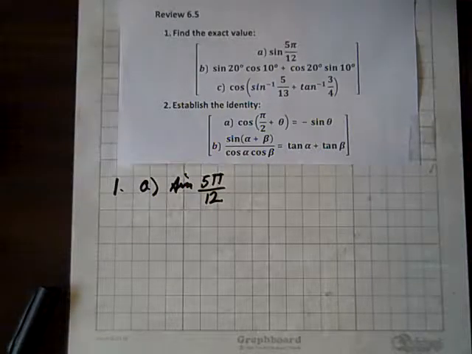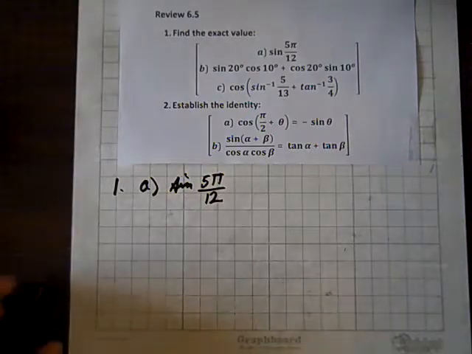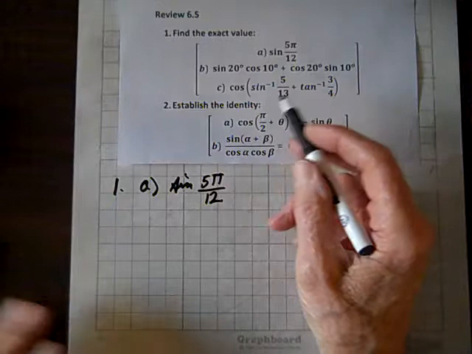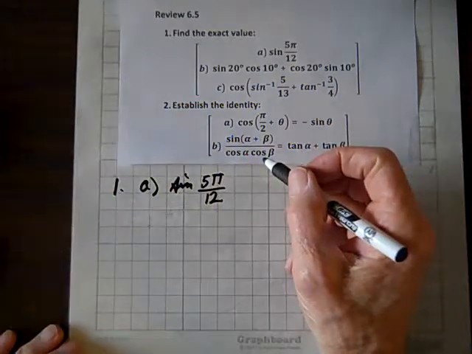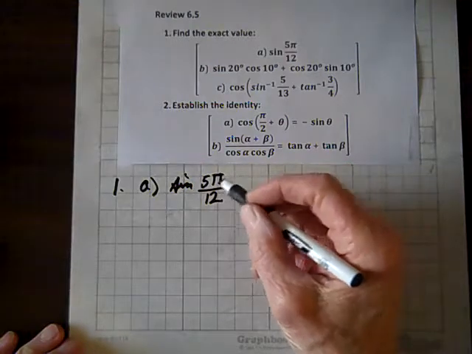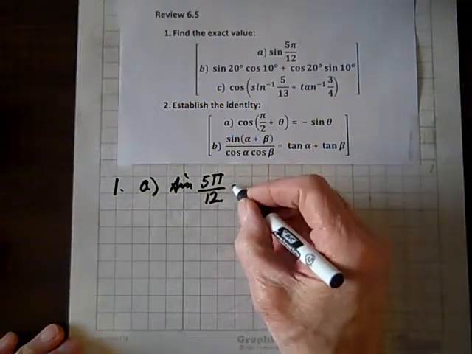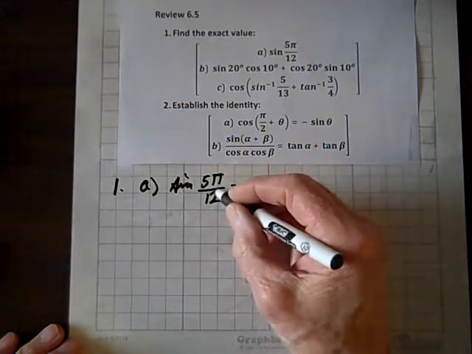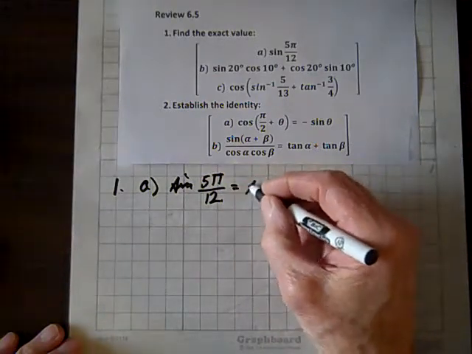Well, now we're working on the review for 6.5, and number 1A says, and by the way, you know that's the sum of the angles, the topic sum of the angles. So anyhow, 1A. And oh boy, we should be able to break this up into a sum or difference.